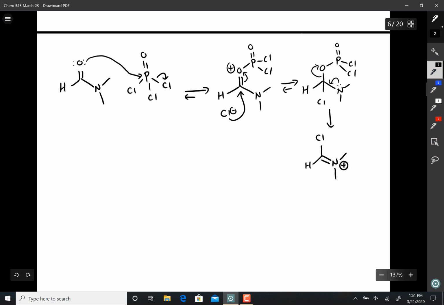And you get this compound right here. It's called the Vilsmeier-Haack reagent. And this is the electrophile.